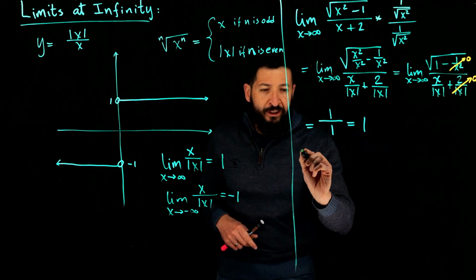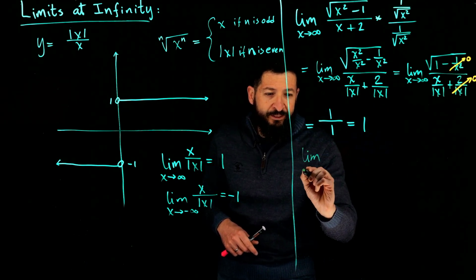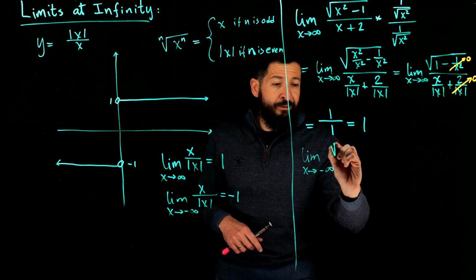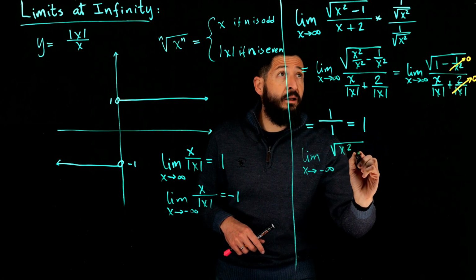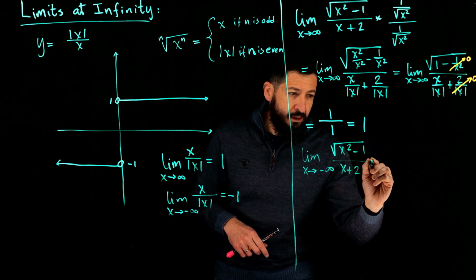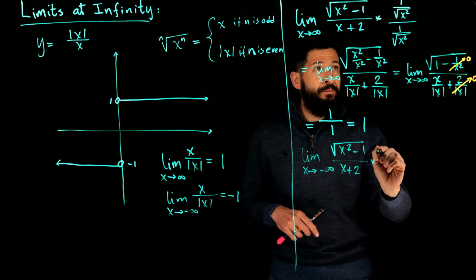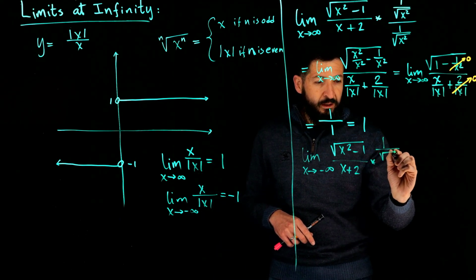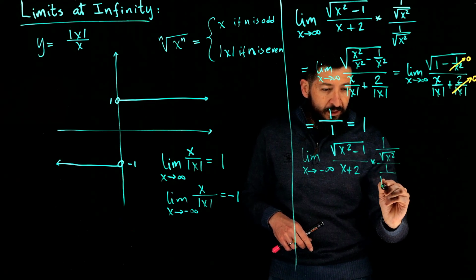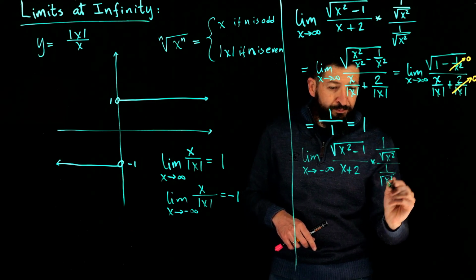If we would have considered then the limit as x goes to negative infinity in this case of the exact same function, you would multiply and divide by the same function.